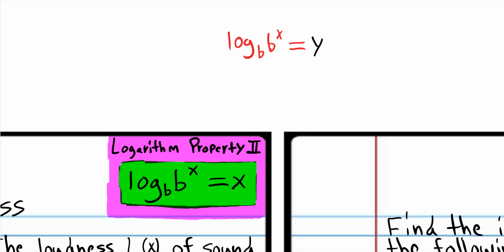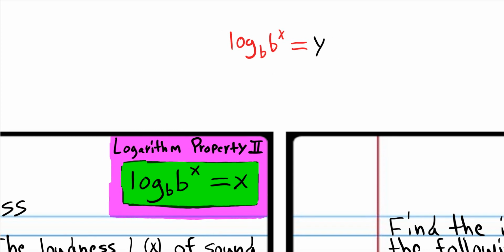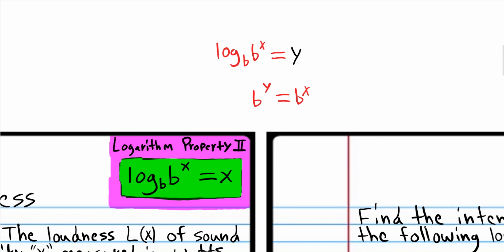It's really simple. Again, it's just based on the notation. So let's translate this to an exponential equation. What is the base? Well, remember, the base is always that little number there. The exponent is always what the logarithm is equal to, which is y. And whatever is in the log function goes on the other side. So what does this prove?